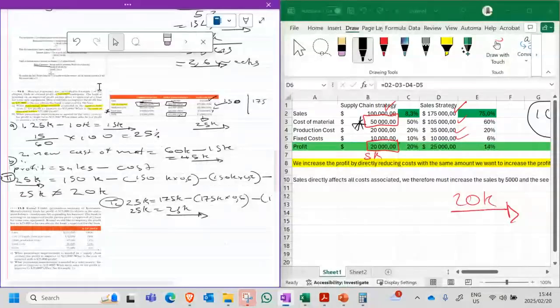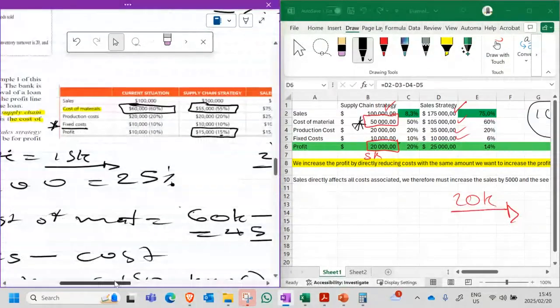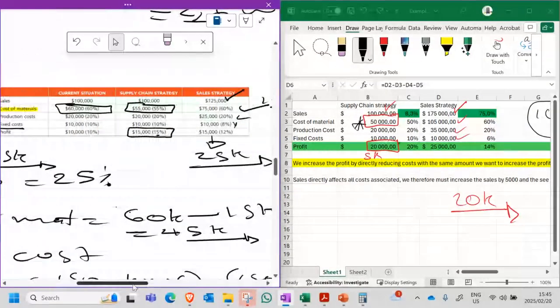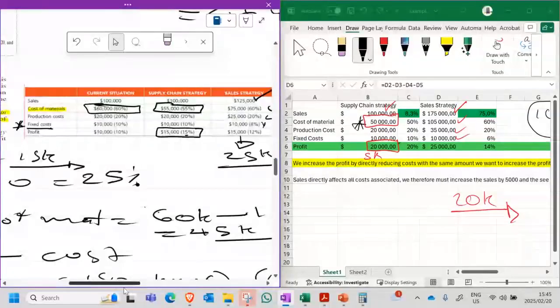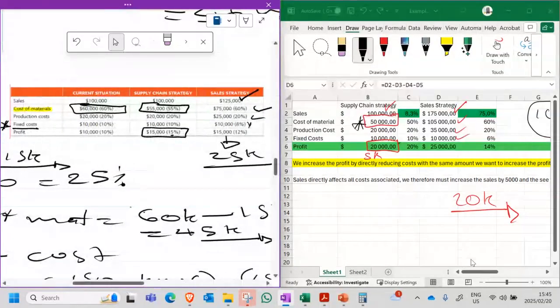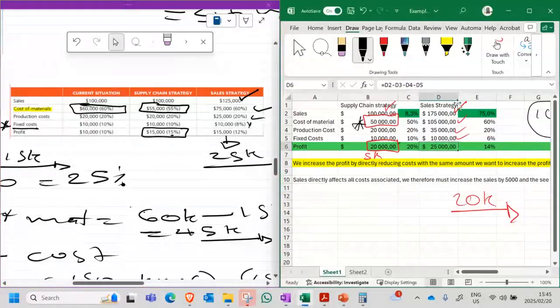So now I'm going to expand this. Now, we are not focusing on this strategy. We're focusing on this strategy on the side here. So how do I get these values here? Right. So these ones are fixed. That's your 60, 20.